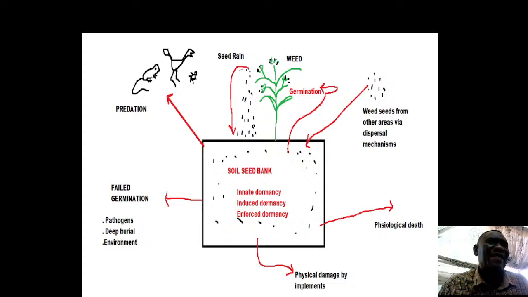Some are at deep burial. And some are physically damaged. And some may actually become dead. That is the fate of these weed seeds.